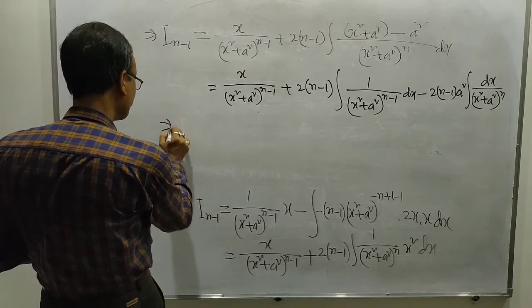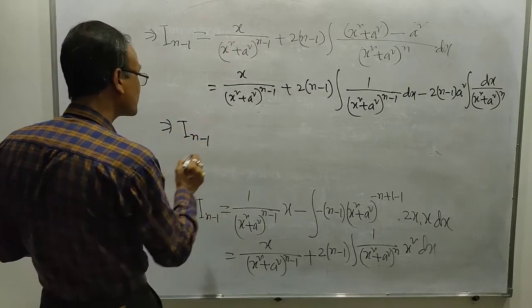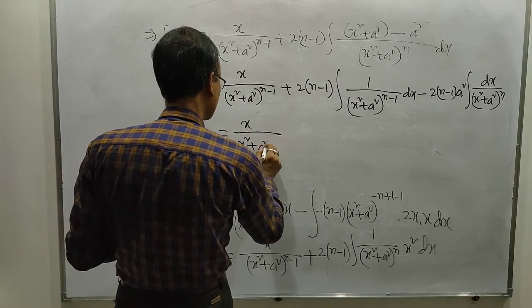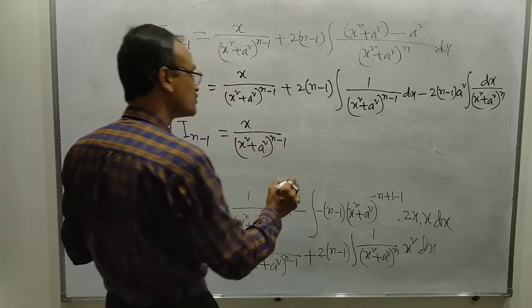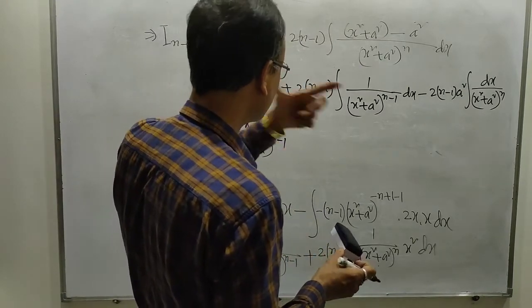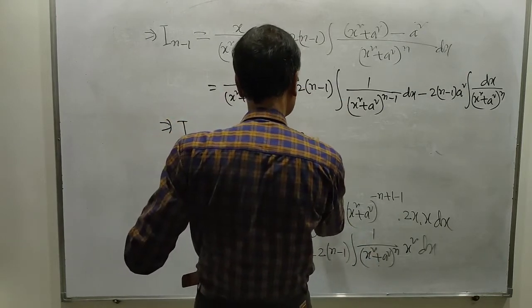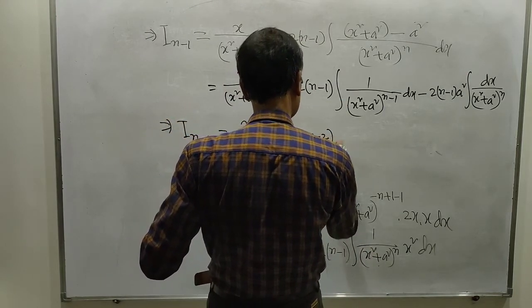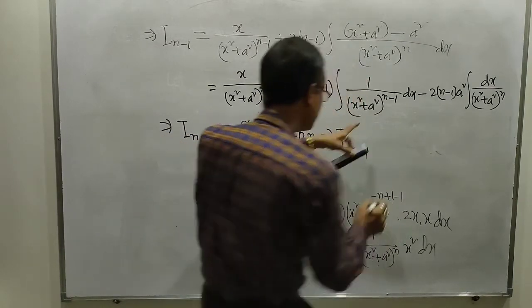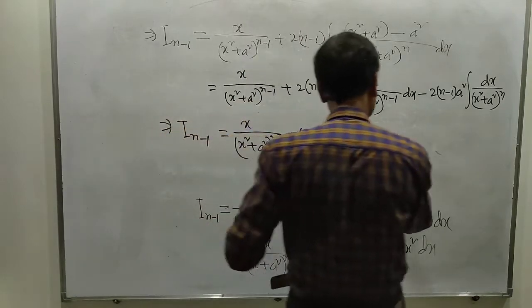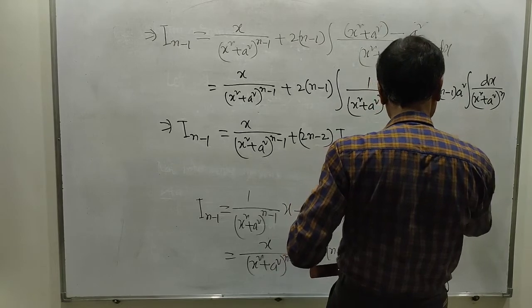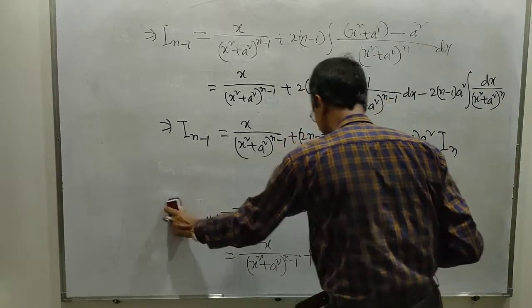This means I_(n-1) equals x divided by (x² + a²)^(n-1) plus 2(n-1) times I_(n-1) minus 2(n-1)a² I_n.